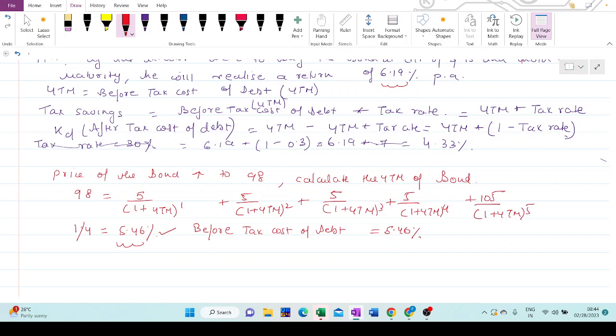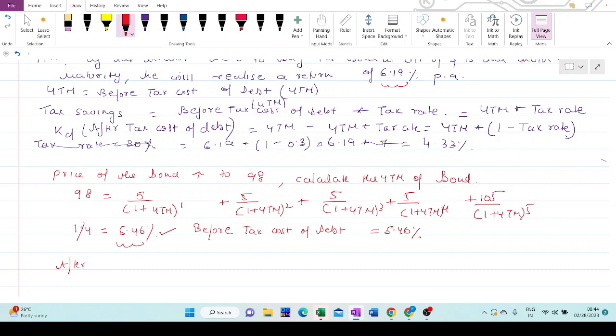Cost of debt is not the cost at which we raised capital in the past. Cost of debt, cost of preferred equity, cost of common equity is the rate at which we can raise capital now, not the rate at which we raised capital in the past. So in the past we may have raised capital at 6.19%, but if I were to issue debt today, I will be able to raise it at 5.46%. So this would be my before tax cost of debt.